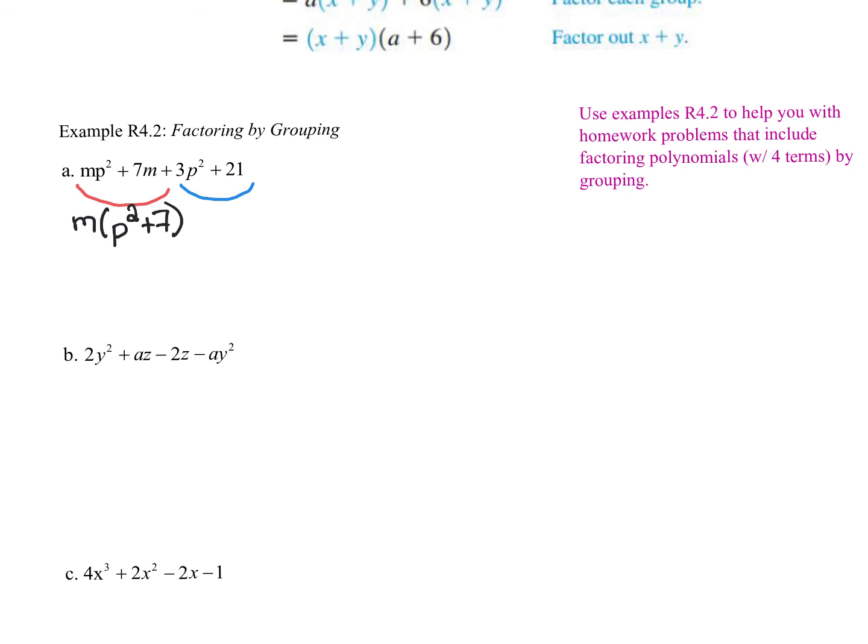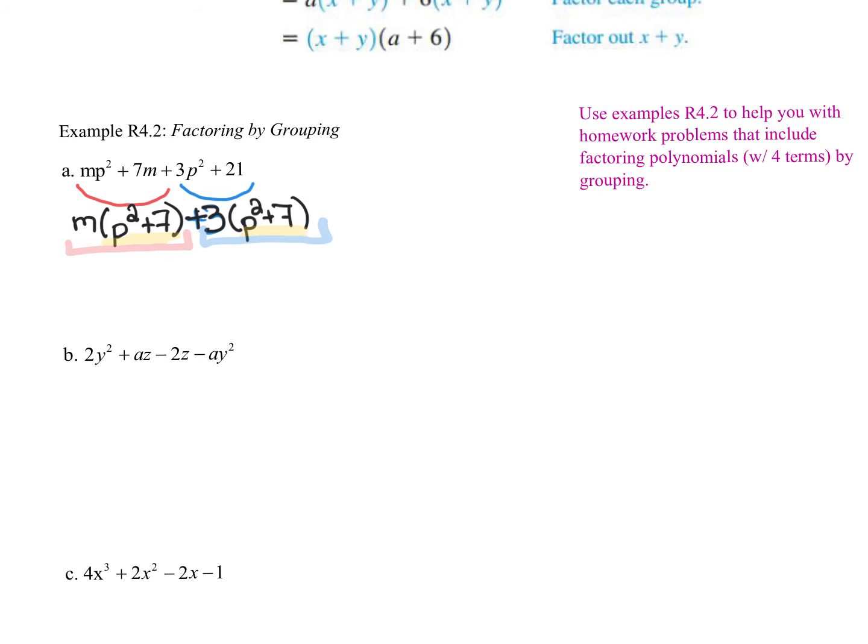In the blue group, they both have a positive 3 in common. And then I'm left with a p squared plus 7. So when you factor by grouping, the whole goal is that the 2 things right here that I'm highlighting in yellow, they should be the same, because now both of these terms, my red term and my blue term, they both have the parenthesis p squared plus 7.